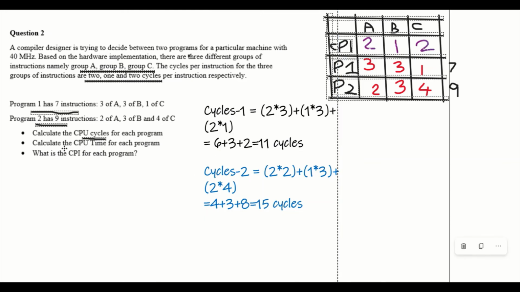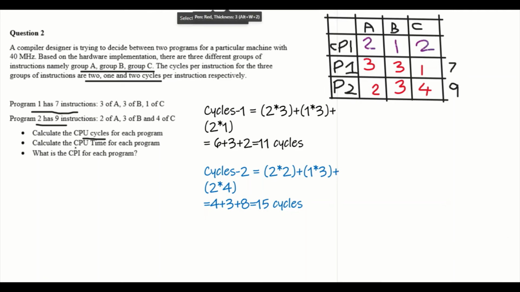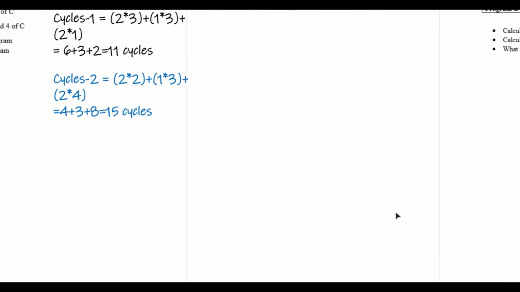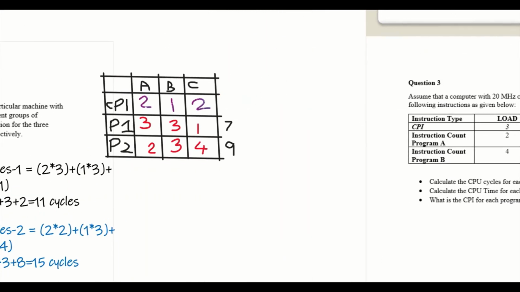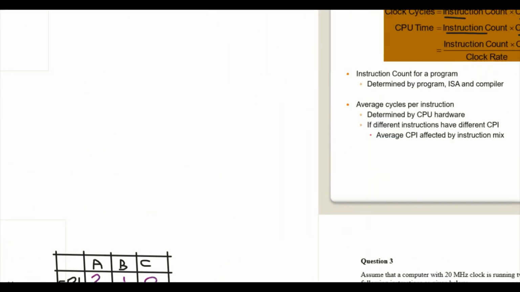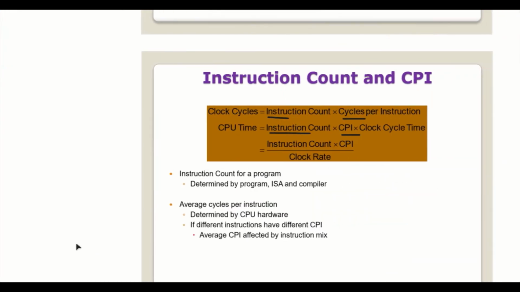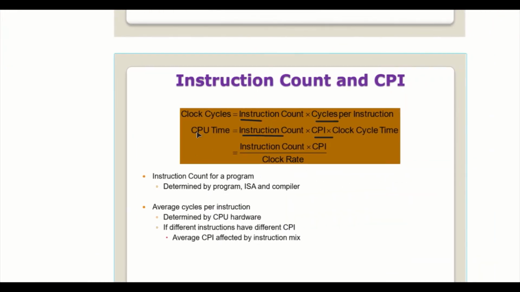Now the question asks you to calculate the CPU time. Here comes the second question, CPU time. Do you remember the formula for CPU time? Let's go to the other. Yeah, here it is. Can you see here? If you want to know the CPU time, this one, instruction count times CPI, is the cycles.